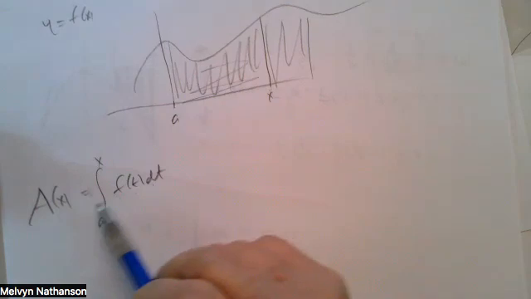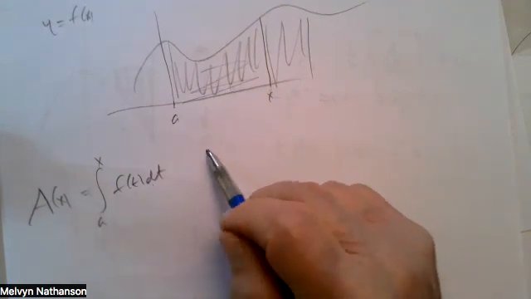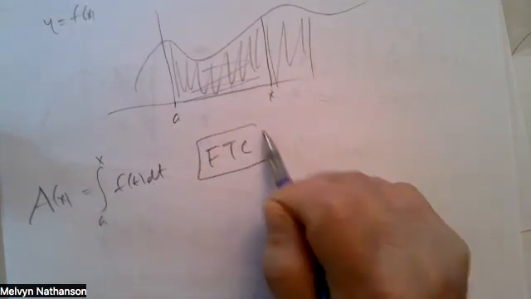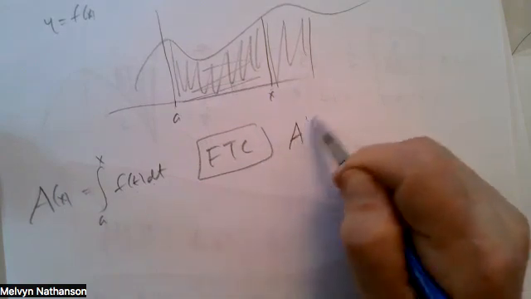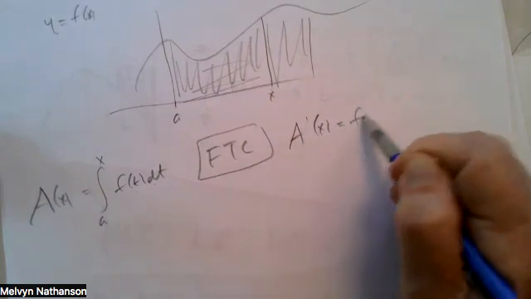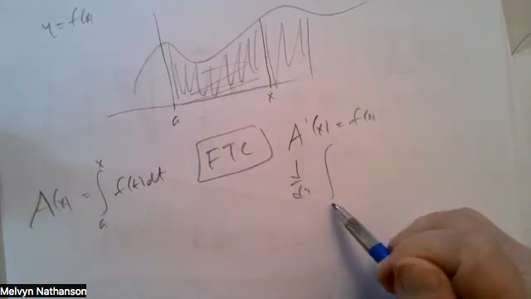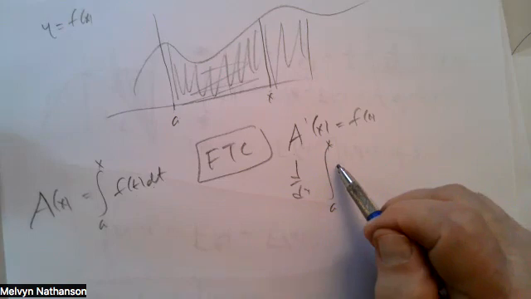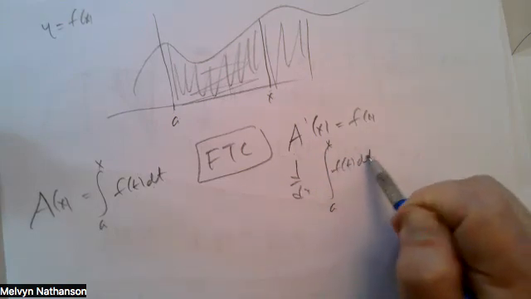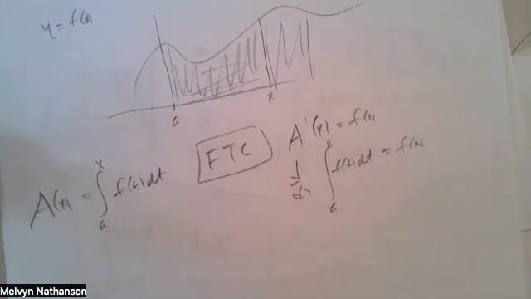So this area is a function of x, and the fundamental theorem of calculus, FTC, says that the derivative of this function is just little f of x. The derivative with respect to x of the function you get by integrating from a to x of f of t dt is just f evaluated at x. That's what it is.